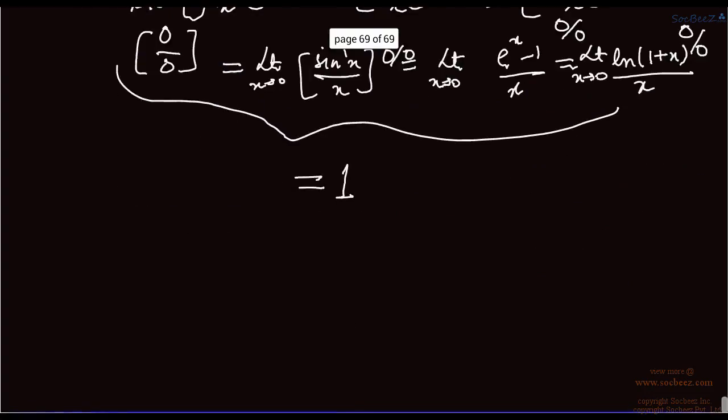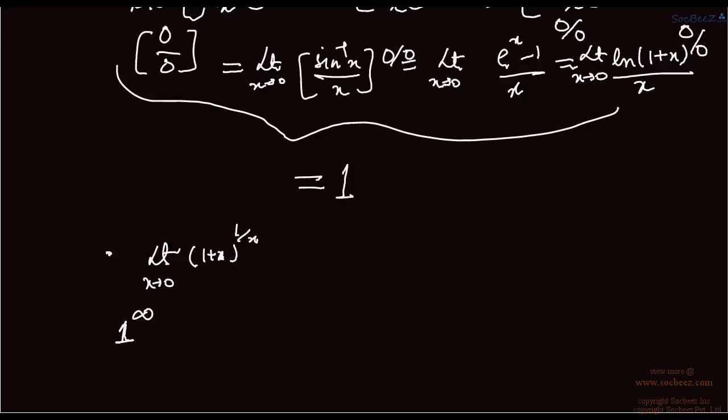Now the second one amongst this is limit x tending to 0 of (1 plus x) to the power 1 by x. Now this will be 1 to the power infinity, because 1 plus x when x is tending to 0 is 1 and 1 by x will be infinity.